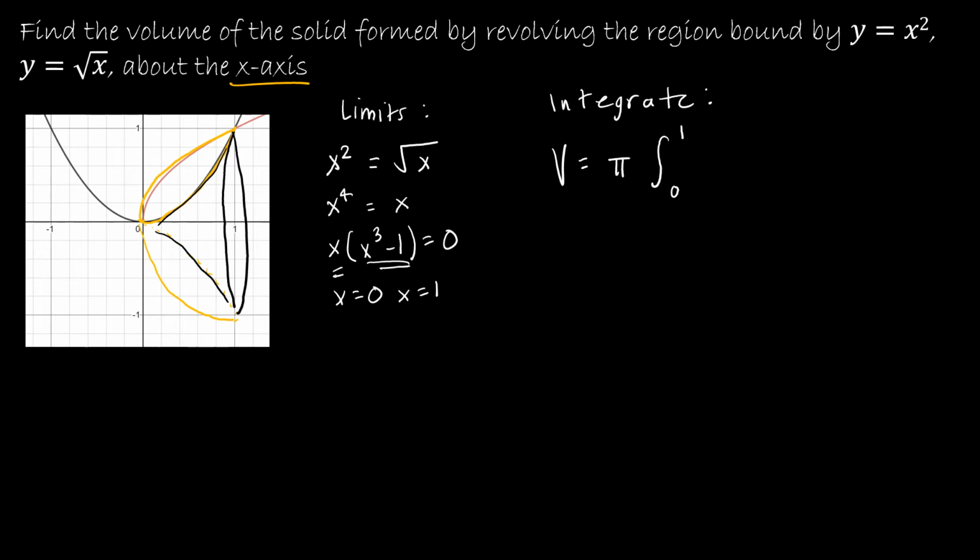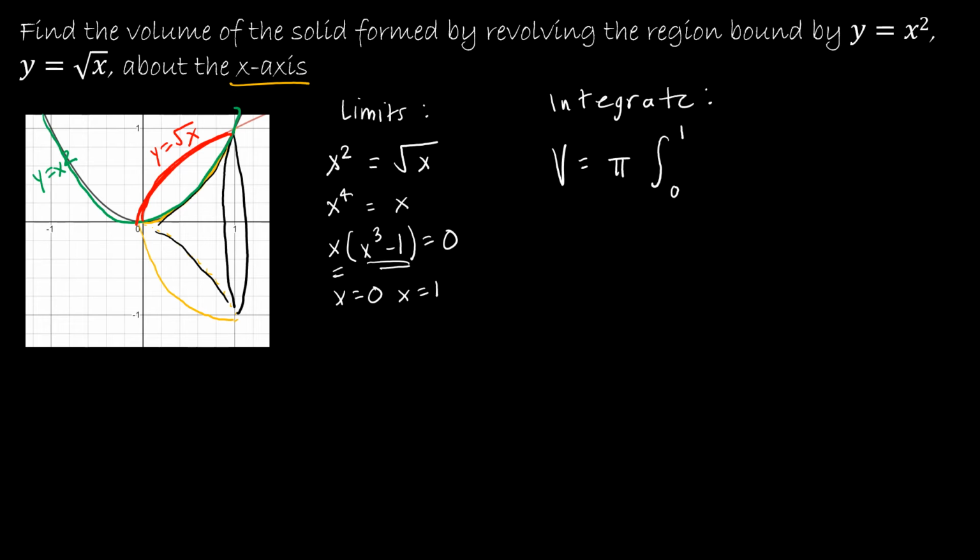So I can see on my picture that the parabola is y equals x squared, and this guy, oops, I meant to change color there, I apologize. This guy is the function y equals radical x. So which function is the top function? Y equals radical x.